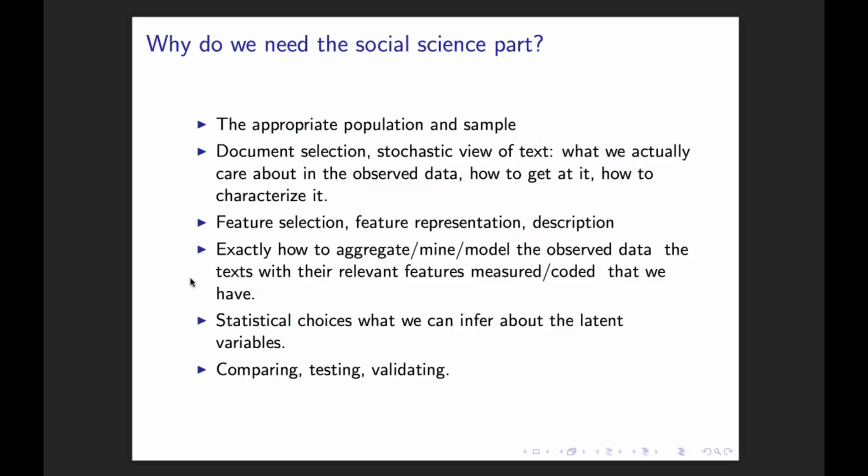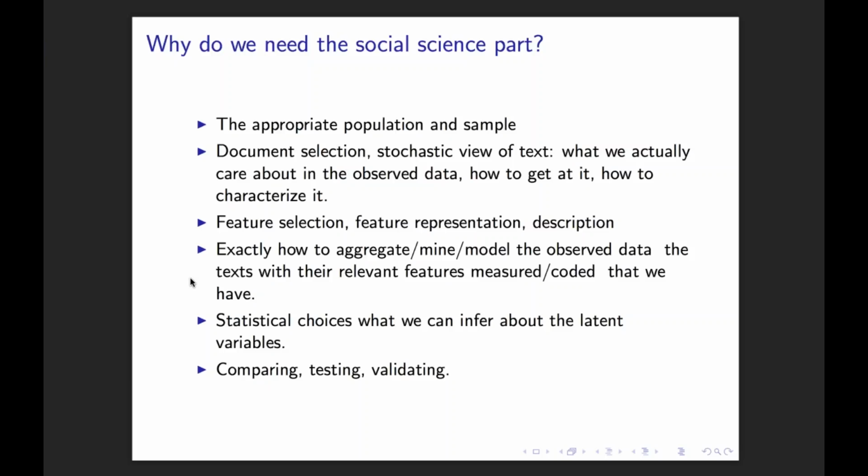In terms of selecting documents, we also want to think about a stochastic view of text, where utterances by a given organization or individual are actually a possibility among what could otherwise be other statements that that speaker could have made. What we're really interested in here is how to get an appropriate sample of speeches by that particular individual.